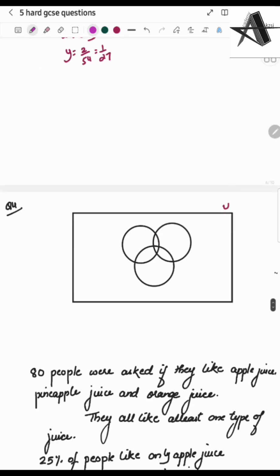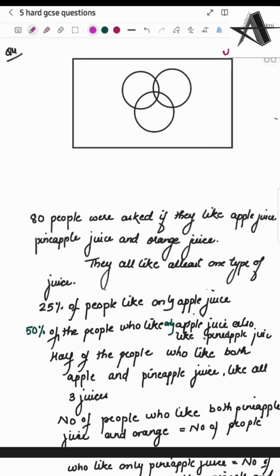Moving on to the next question. This is a Venn diagram. 80 people were asked if they like apple juice, pineapple juice or orange juice. So I can name them: let me name apple juice A, pineapple juice B, and orange juice O. They all like at least one type of juice.